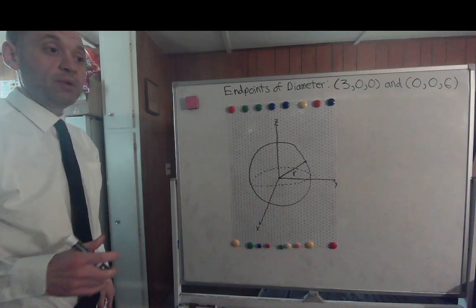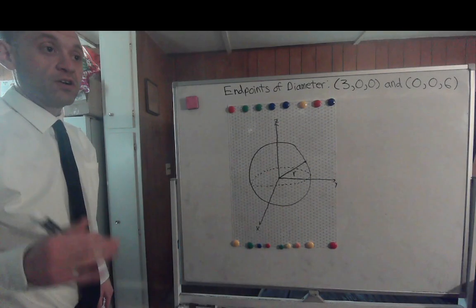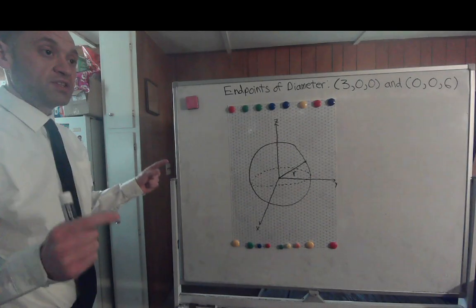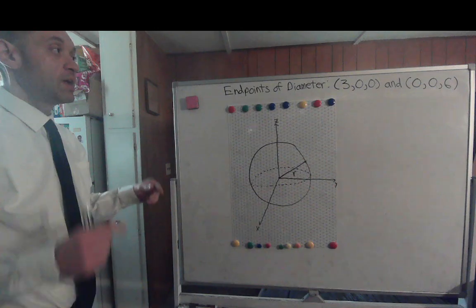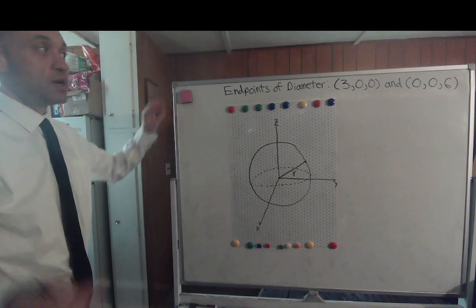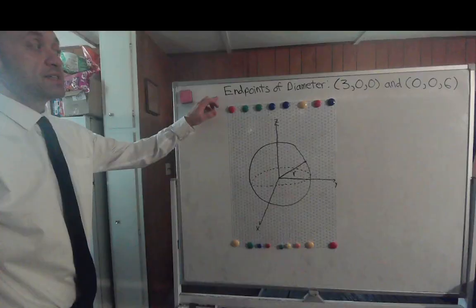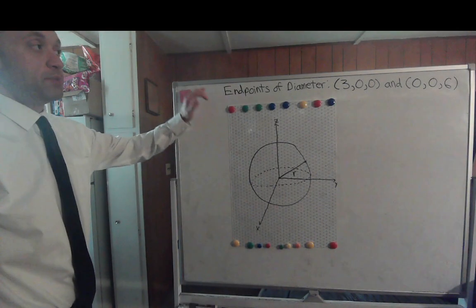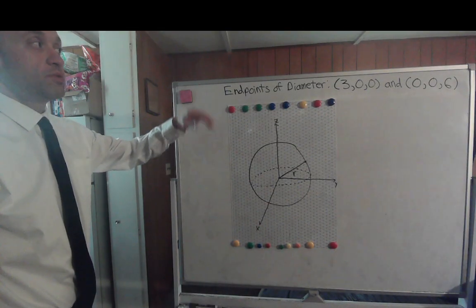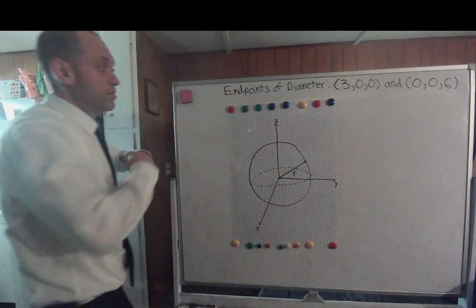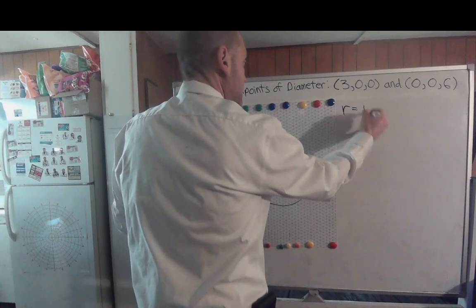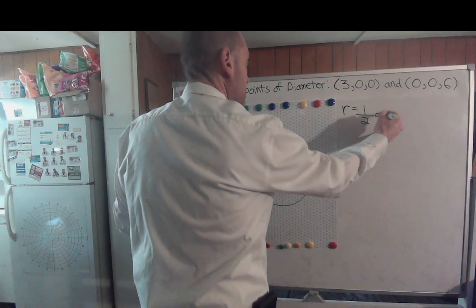Well, what do we know about a diameter, whether it's a sphere or a circle? The diameter connects 2 points on the circle, or on the sphere. So that means the radius is equal to half the distance between these 2 points. It is equal to half the length of the diameter. We know the radius, again, equals half the diameter.